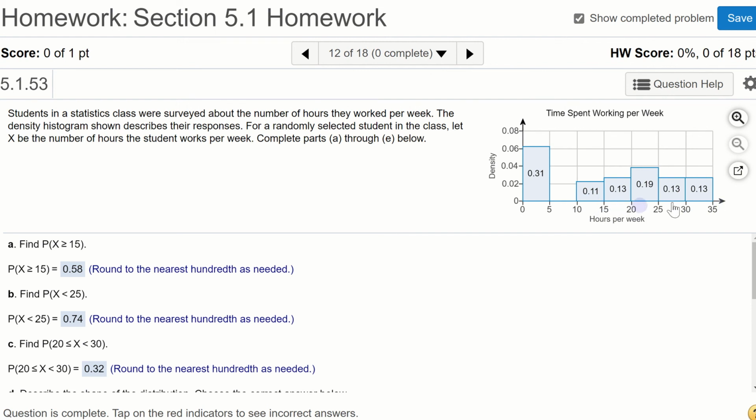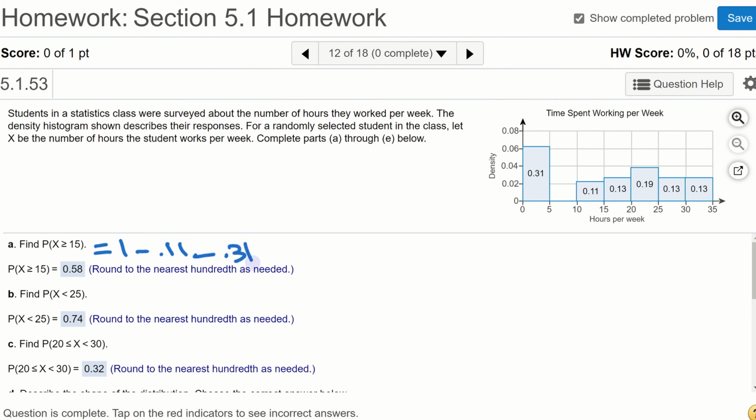Notice there are 2 ways we can do that, right? We can either add these 4 values. Easier would have been if we just start with 1 and take away those 2, right? So we can just go 1 minus 0.11 minus 0.31.